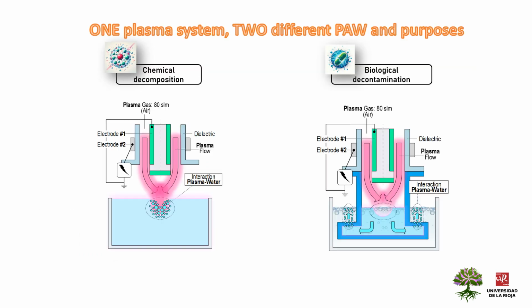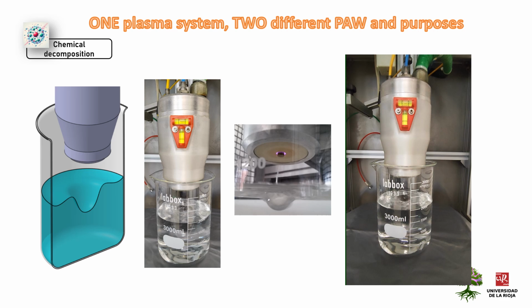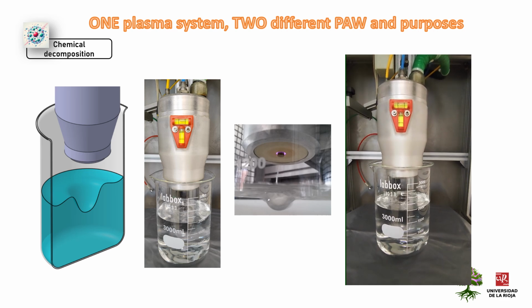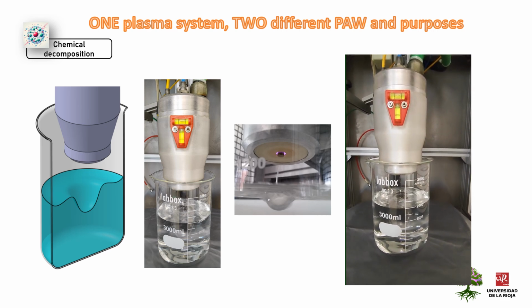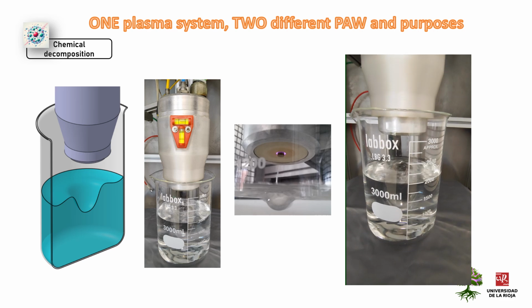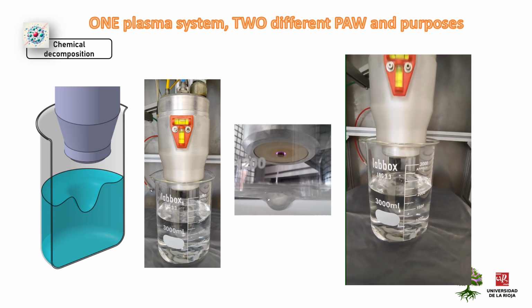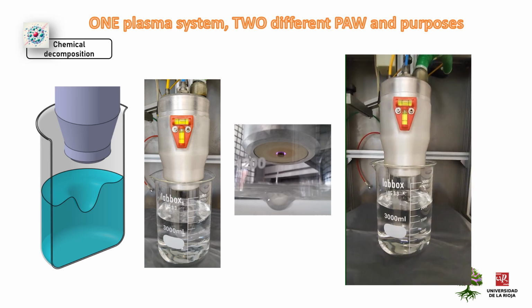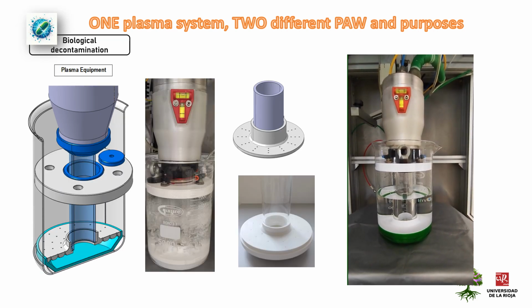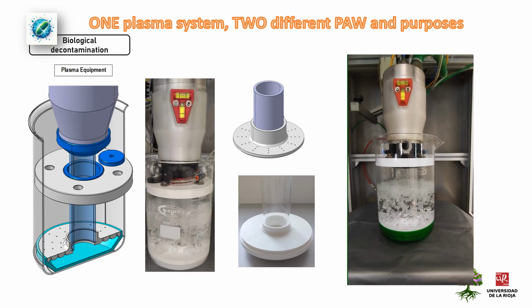Now, I will show you a great example of how one plasma system can be used for two different purposes. The first one is chemical decomposition. By these images, the plasma system is explained, and there is also a video. The second one is biological decontamination.